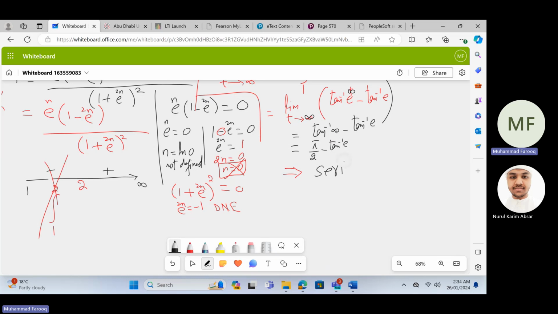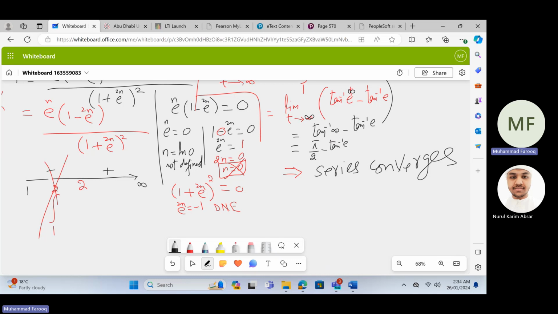Series converges. Again, there is no new thing you have learned now. It's 8.8, improper integral.